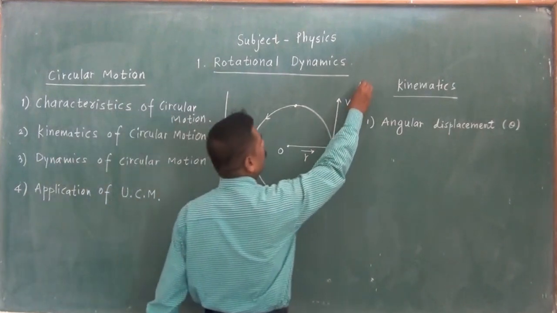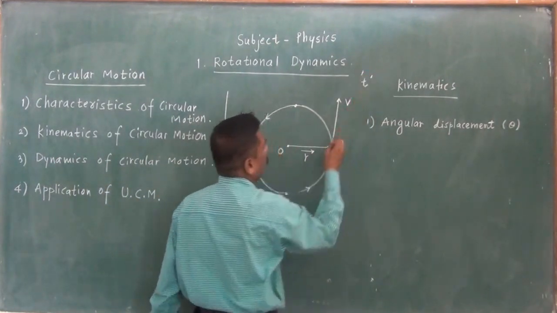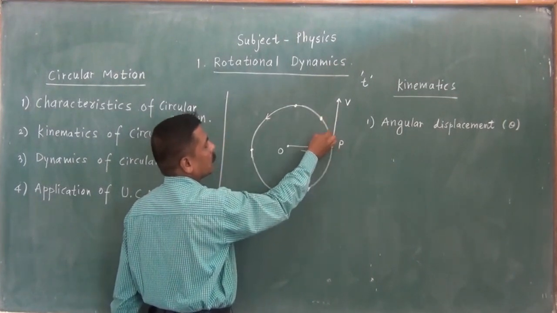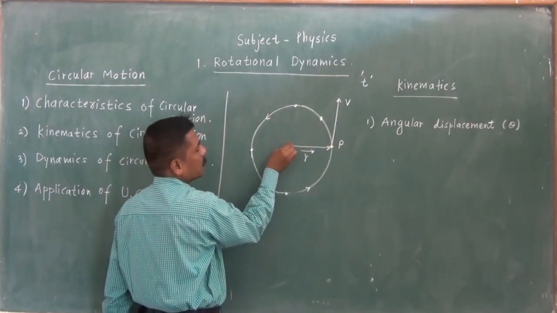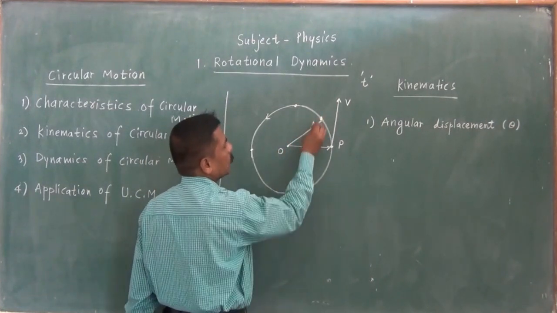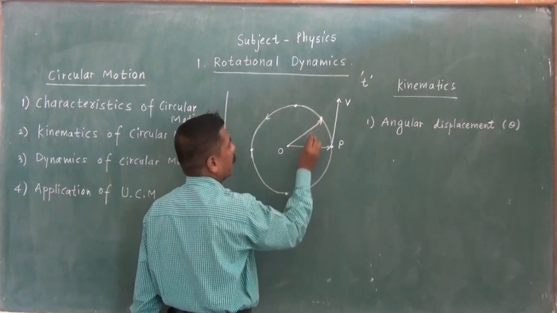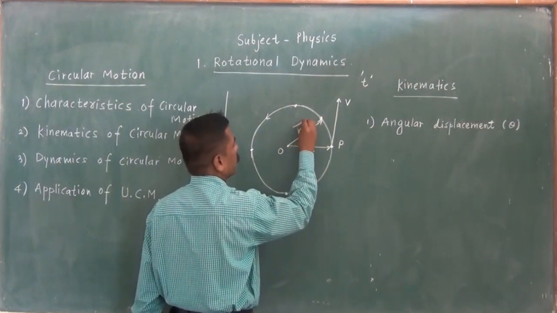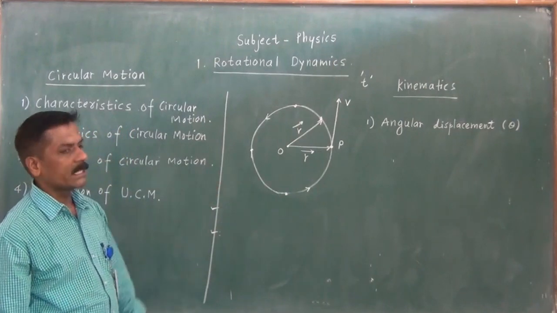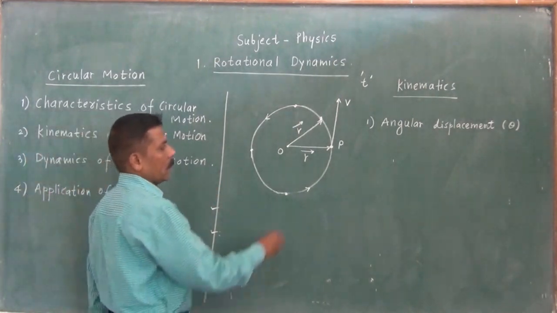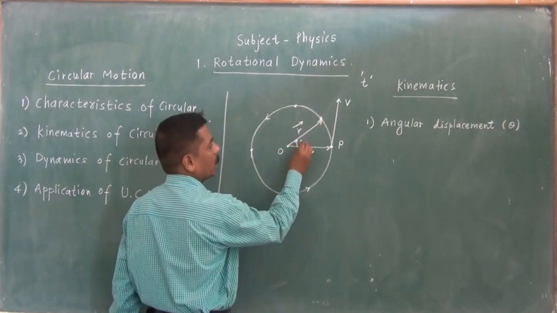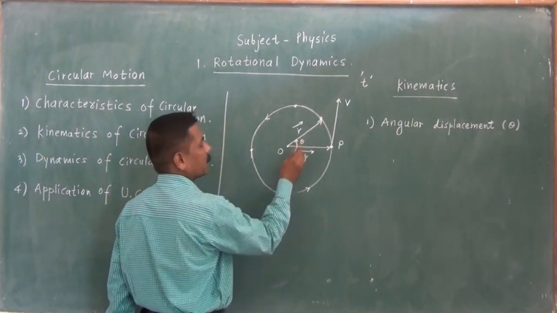In time t, the particle will move through a certain distance, and suppose the particle is here, so we can draw again the radius vector. Now we know the radius of the circle is the same. This angle, a plane angle, is denoted as theta.